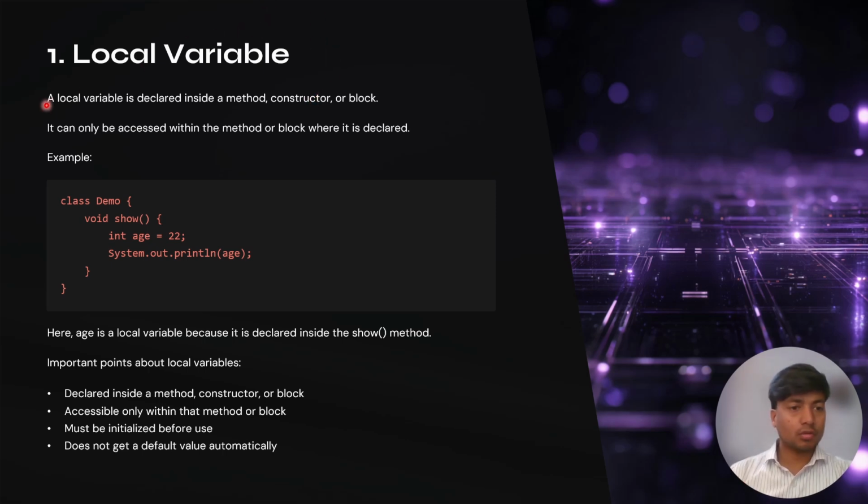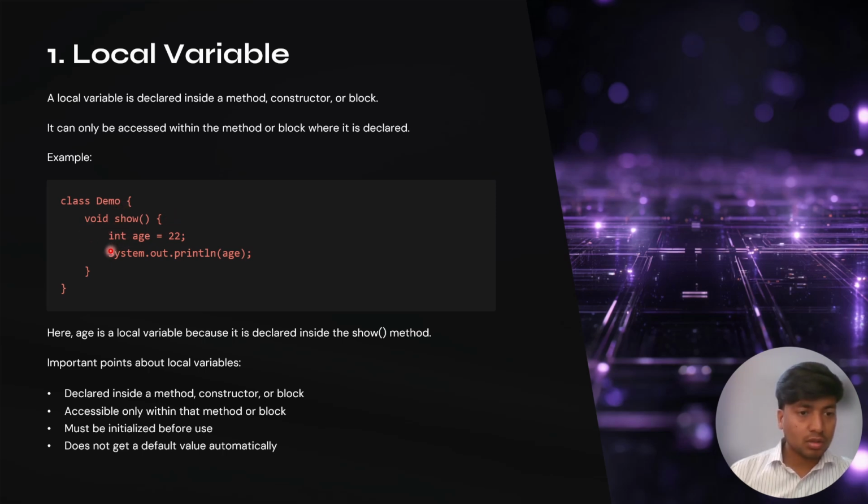So what is a local variable? A local variable is declared inside a method, constructor, or block. It can be accessed only within the method or block where it is declared. Let us see one example based on local variable. Here the class name is Demo.